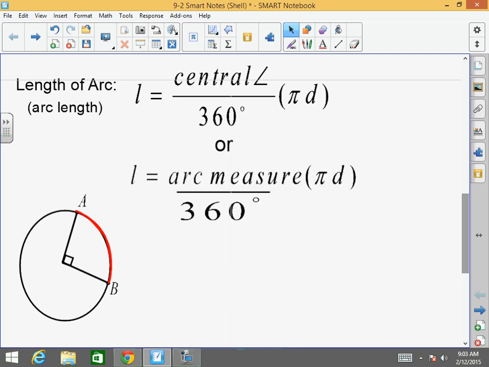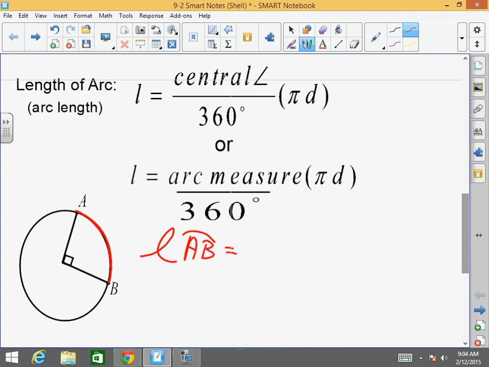Or, if they just give you the arc measure, since the arc measure is the same as the central angle, it could be the arc measure over 360 times pi d, or in other words, times the circumference. So for this particular case here, guys, if I wanted to know the length of AB, not the arc measure, which is 90.